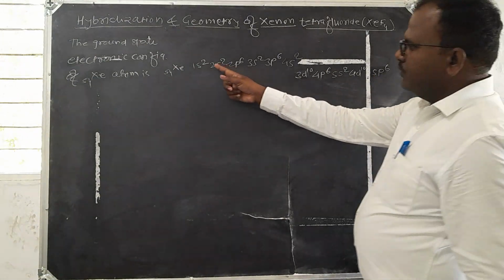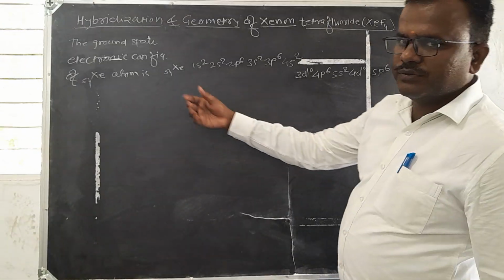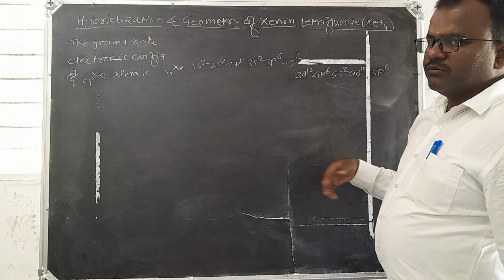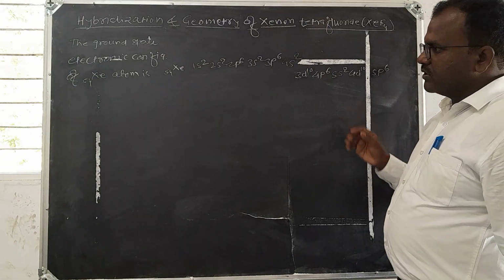Total 54 electrons, that is, the atomic number is 54. It means the number of electrons is equal to the number of protons, which is equal to the atomic number.